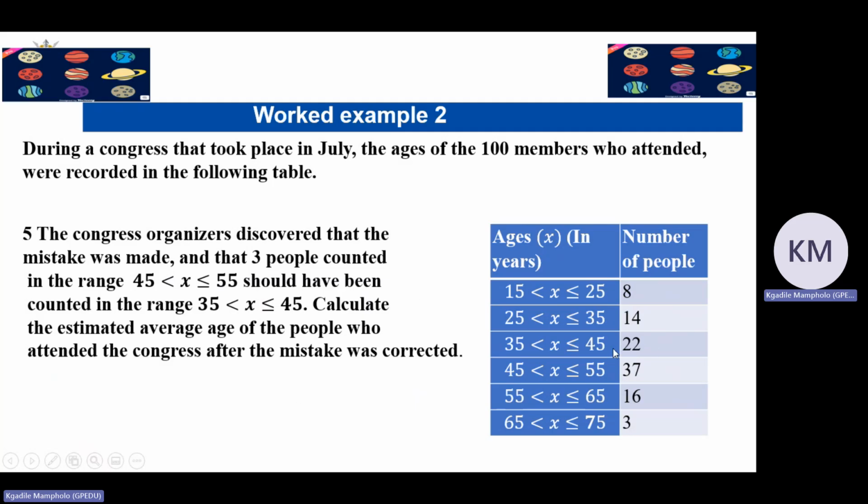What is happening here? They just said 3 who were supposed to be in the interval between 35 and 45 are in the interval of 45 to 55.